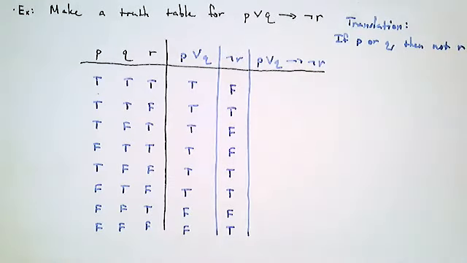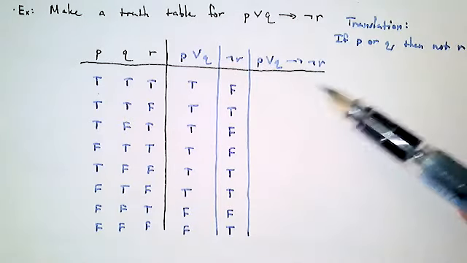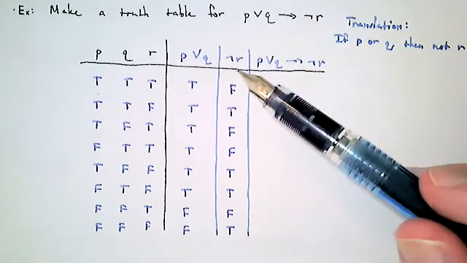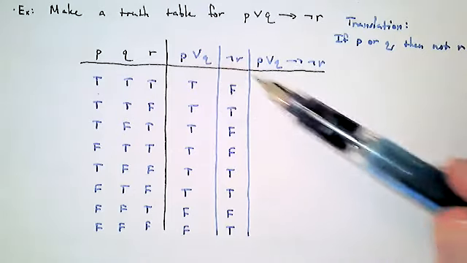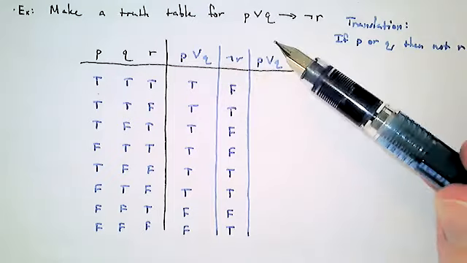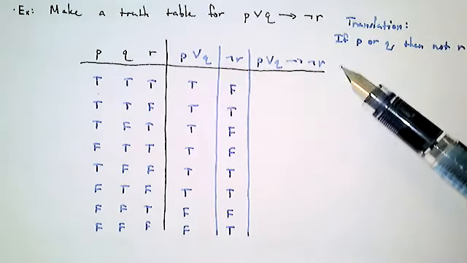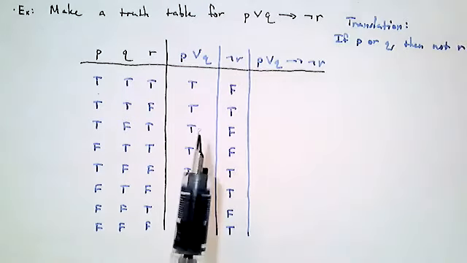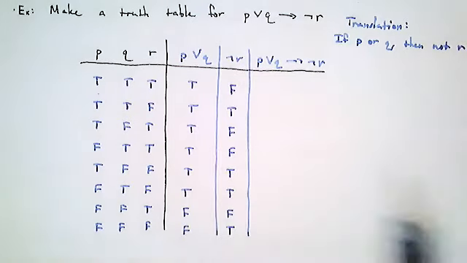One more column to go. Here's our final conditional statement. For this column, we care about the truth value of P or Q, the left side, and the truth value of not R, the right side. So we actually only care about these 2 columns now.